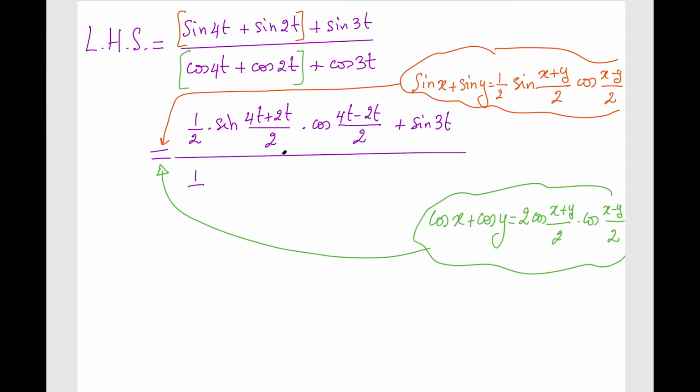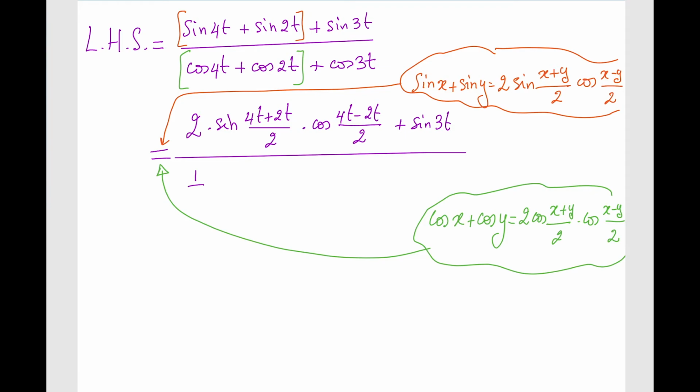Sorry, did I copy it wrong? Just a second. This is a 2, right? Yes, this is a 2. My bad. It's a bad day today, so sorry about that. So the 2 is here and the 2 is here, right?